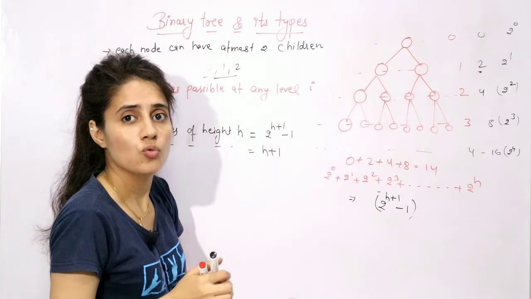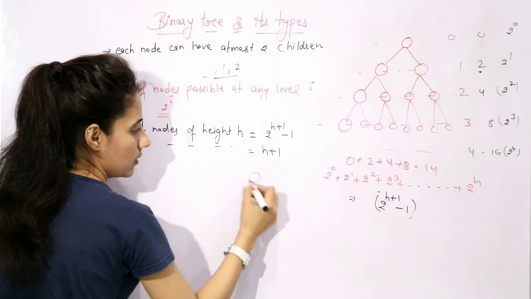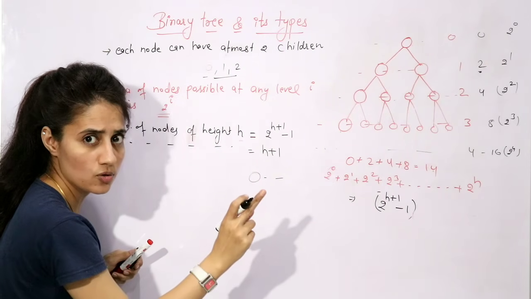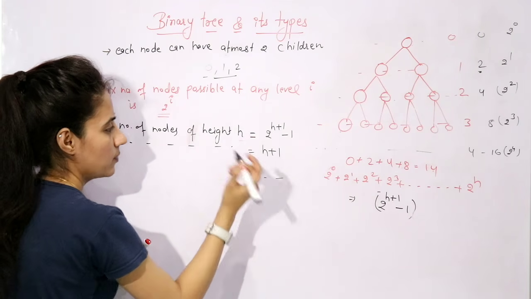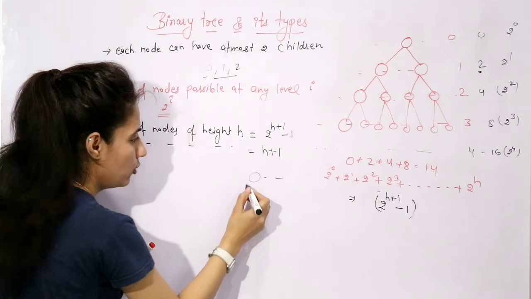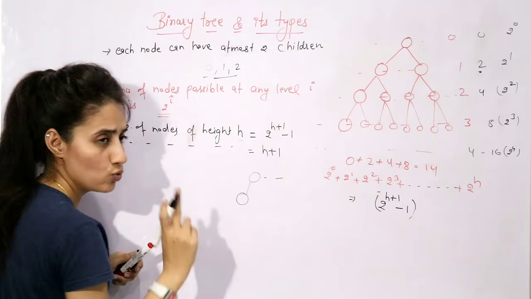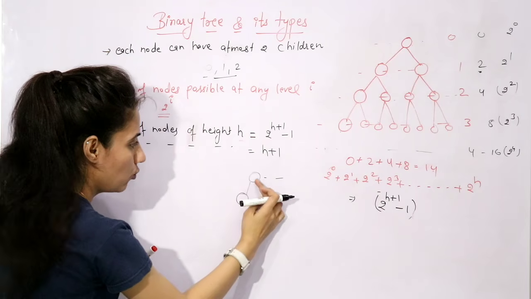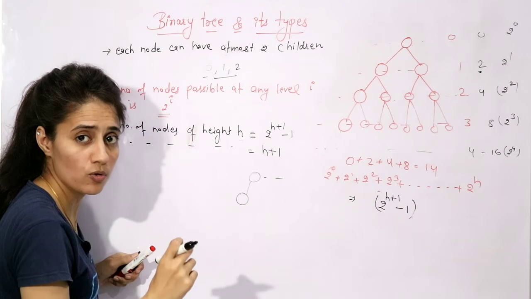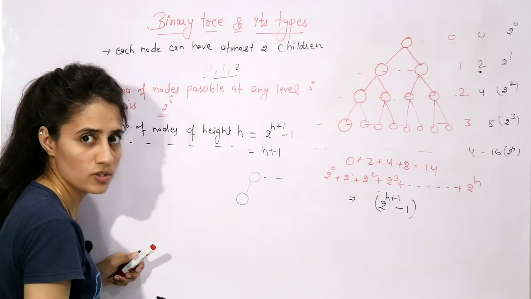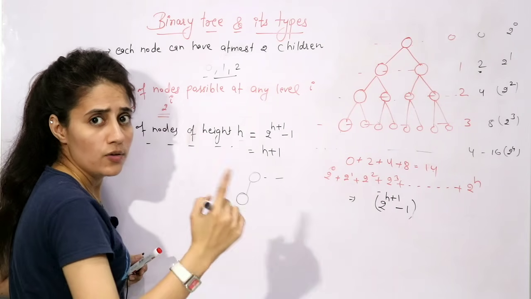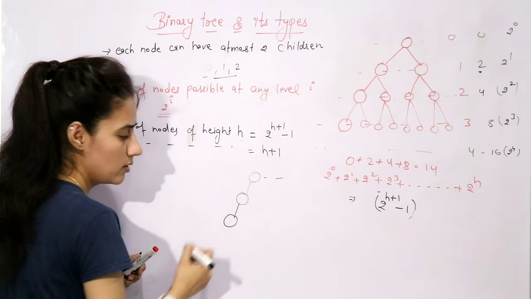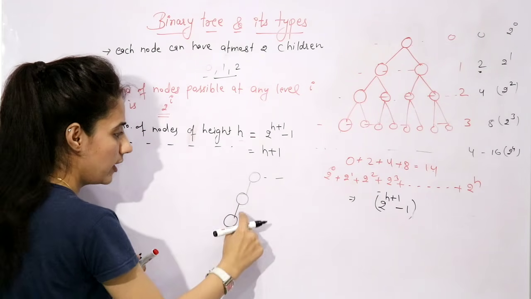If height is 1, see, this is height 0, a binary tree having height 0, minimum number of nodes is 1. Now I am going to increase the height to 1. Now what is the height of this tree? 1. Minimum number of nodes are 2 only. I am not adding this node, the second node, right? Now if you increase the height one more, suppose I am increasing height one more, now height is 2.